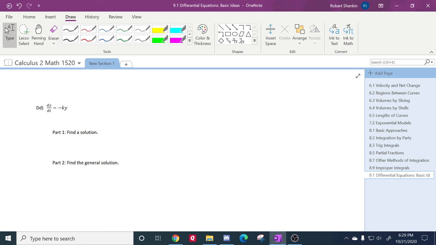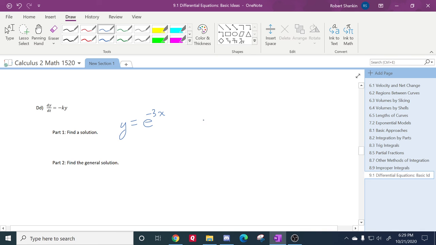All right, group 7. Do you have a possible solution? I said f of x equals e to the negative 3x. Let's check it out.